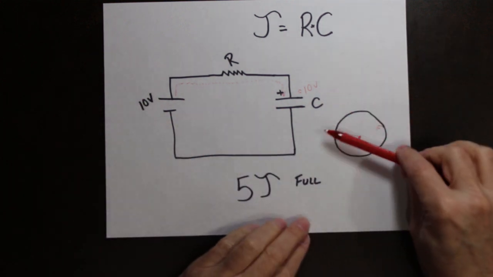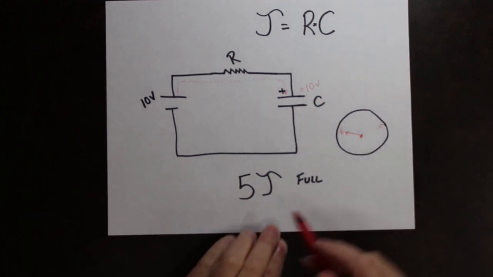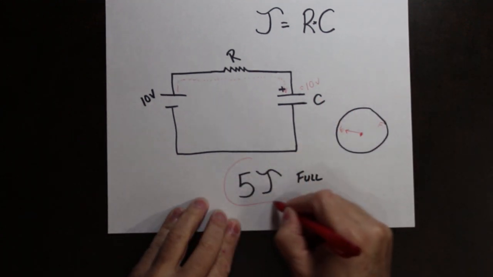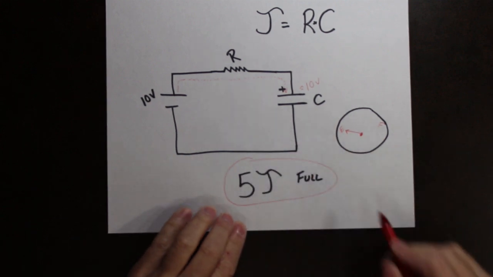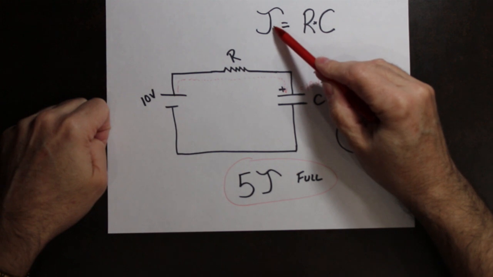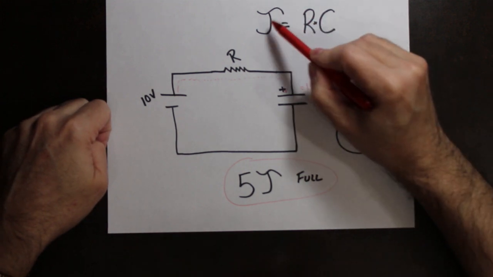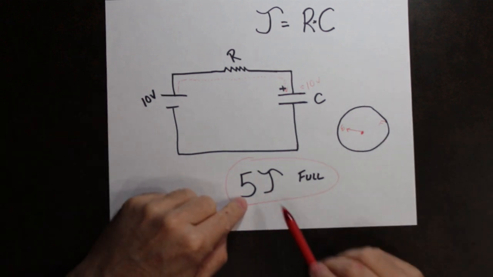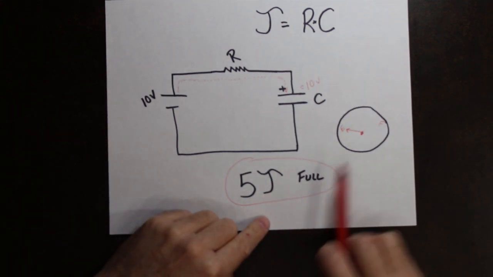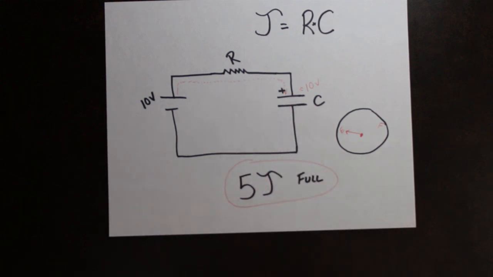So the idea is to go from empty to full takes a certain amount of time. How much time? For a capacitor, it's a value of 5 times tau. So whatever this value of tau is, and tau is based on the resistor and the capacitor, 5 times tau will take you to a full tank of gas or a full capacitor.